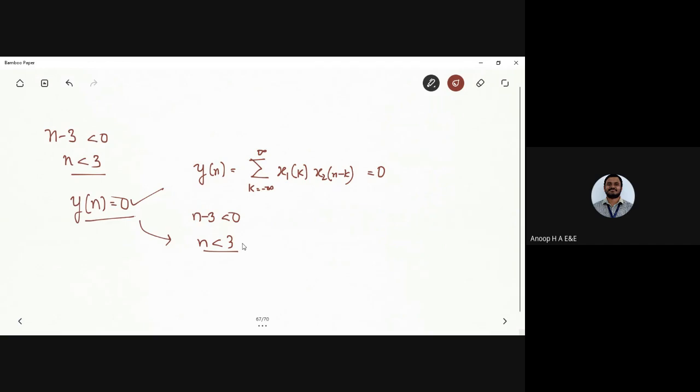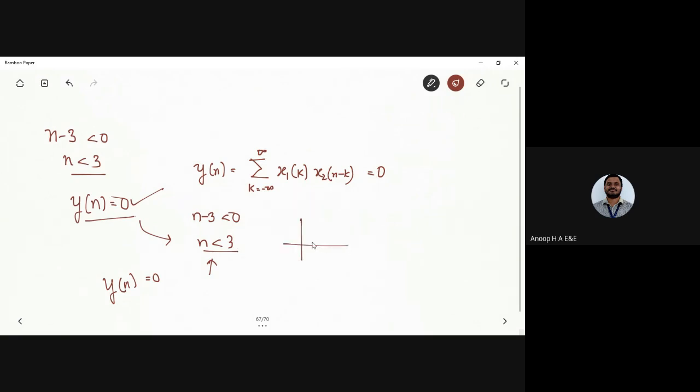Now if I have a term like n less than 4, I'll be generally calling it n less than 4, that would be equal to 0 again. So any value which is less than 3, I'll be calling the term y of n, which is said to be equal to 0.